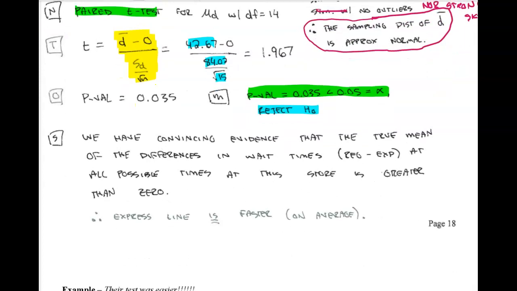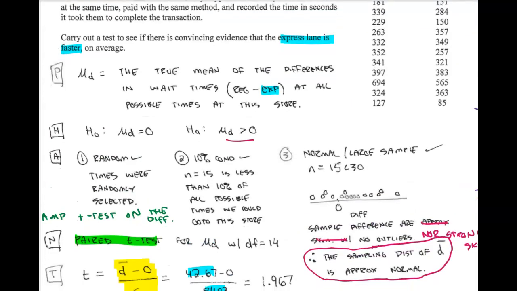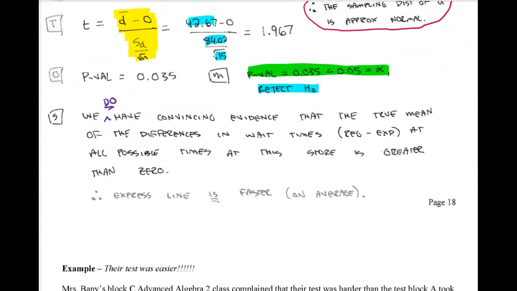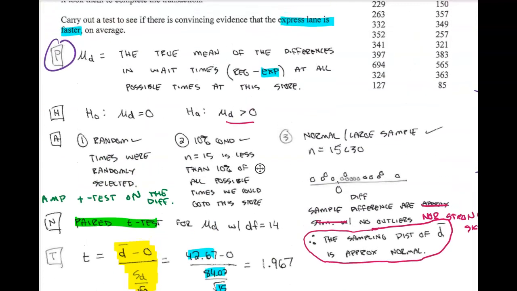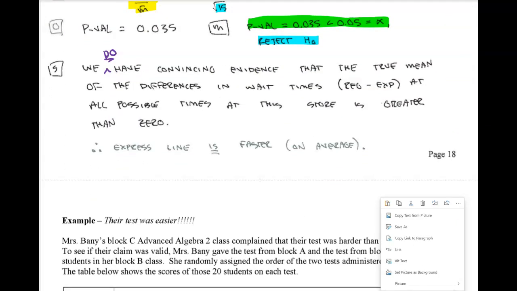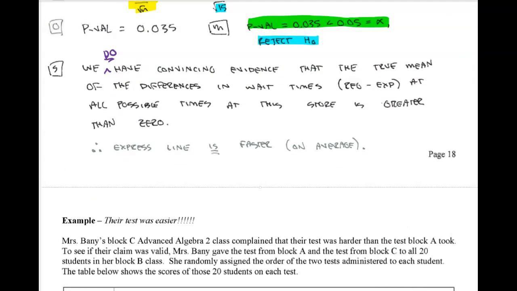So we do have convincing evidence that the true mean, I'm taking this from my p step, that the true mean of the differences in times, regular minus express, at all possible times at this store is, word it in terms of the parameter, greater than 0. Therefore, it does look like the express line is faster on average. Okay?